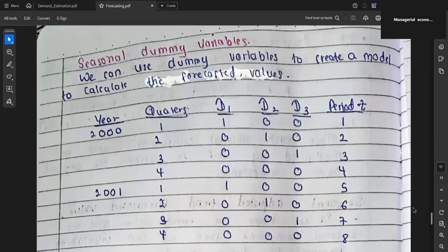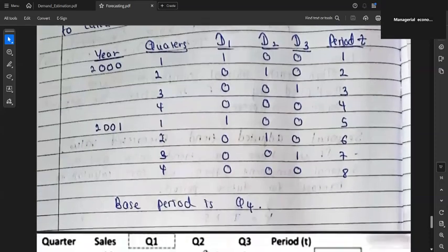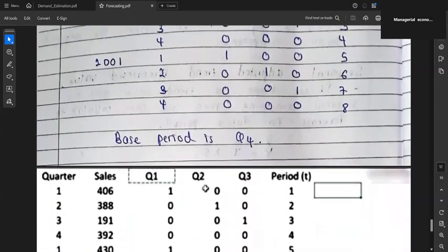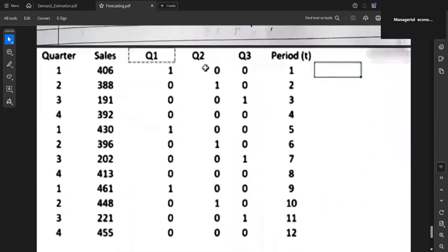That means naturally it is quarter 4. That's how you take it. Here we have assumed a certain data set. We have the quarters and the sales values. Quarter 1, quarter 2, quarter 3 have the dummy variables. Quarter 4 is the base period.